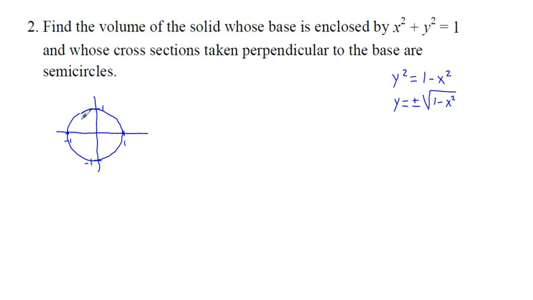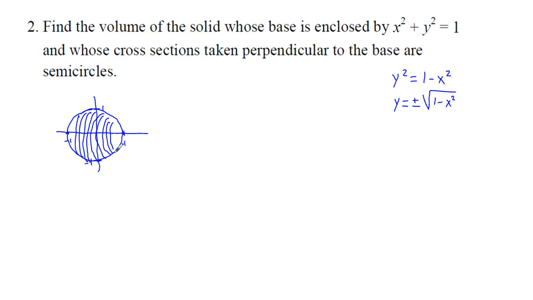And so we are integrating from left to right, from negative 1 to 1, and the base, whose cross-sections perpendicular to the base are semicircles. So these are semicircles on top. So it's rounded, and that's what the thing looks like.